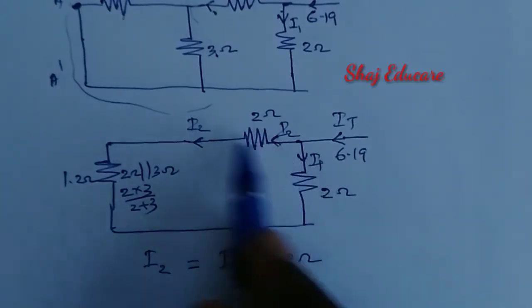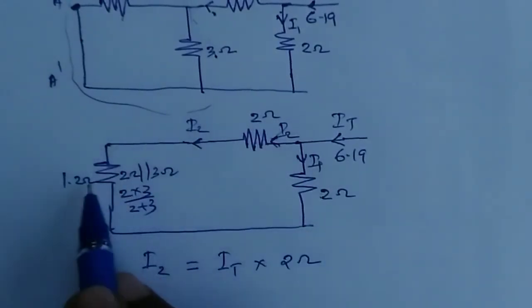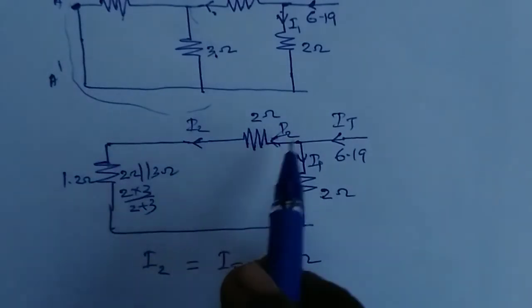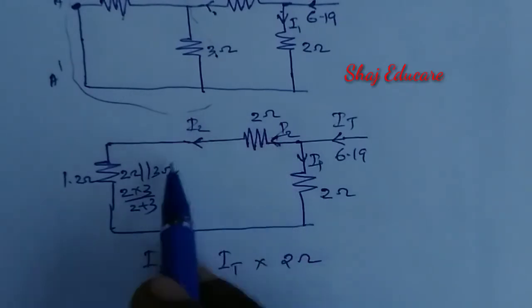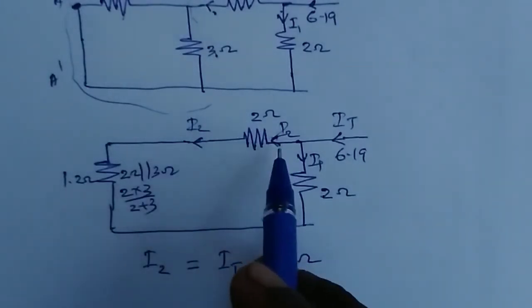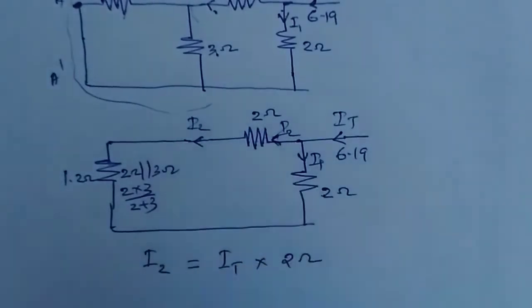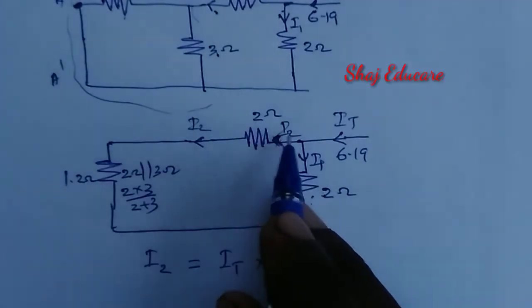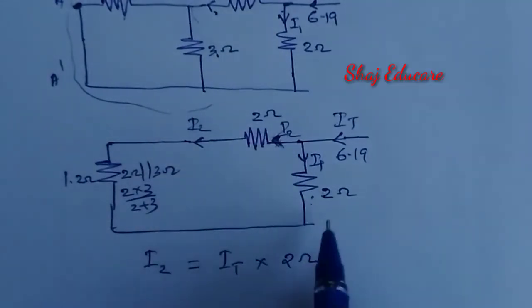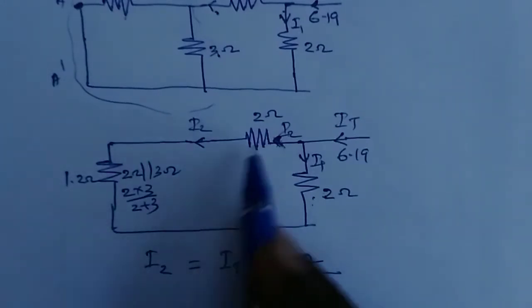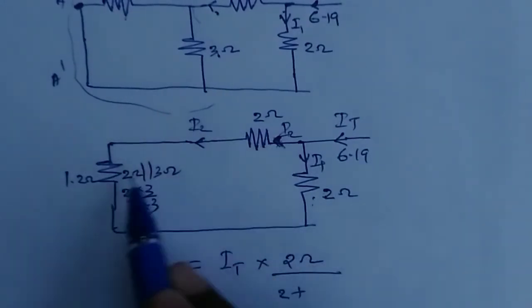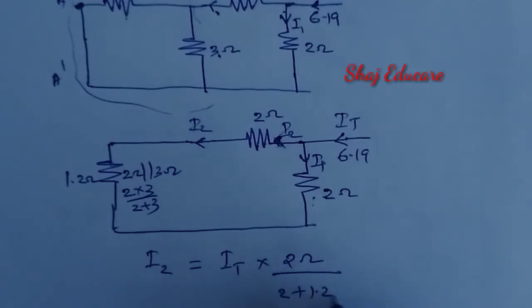Sorry, the resistance opposite to the current I2 is 2 ohm, divided by the total resistance in this loop, that is this 2 ohm plus this 1.2 ohm plus this 2 ohm.